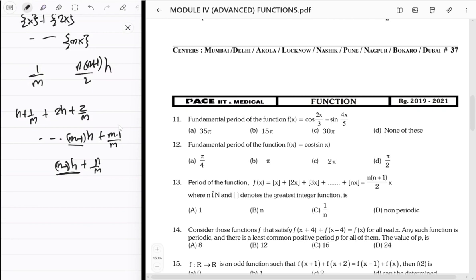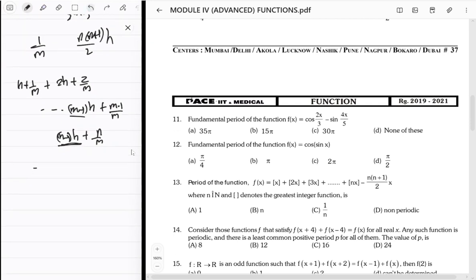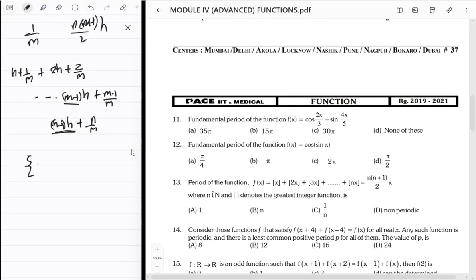Right, the thing is, this is kind of complicated. What if I just make h irrational? Then you would always have the fractional part of some integer upon m plus the same integer times h. This has to be bigger than or equal to the fractional part of k times h, which is equal to k times h.